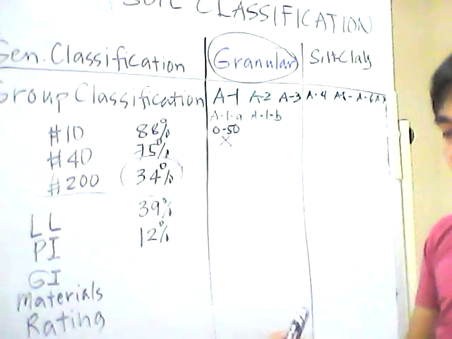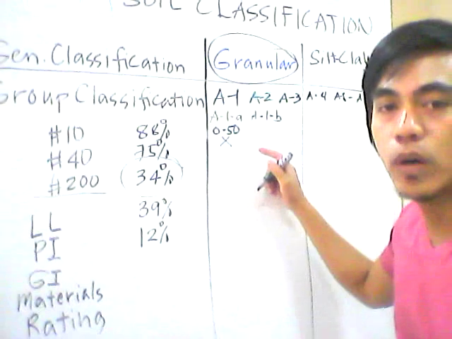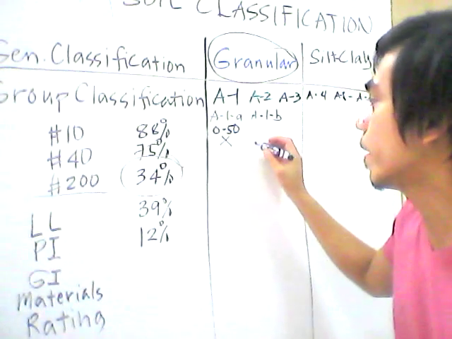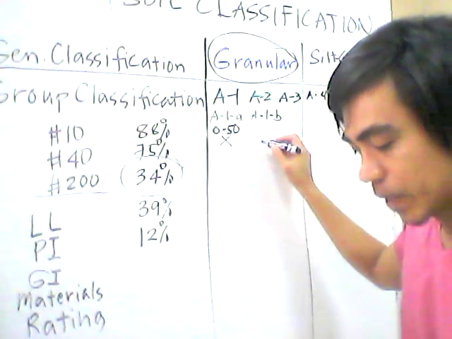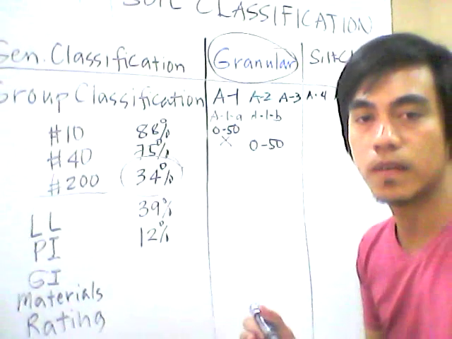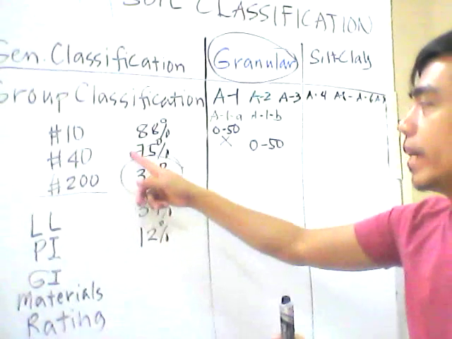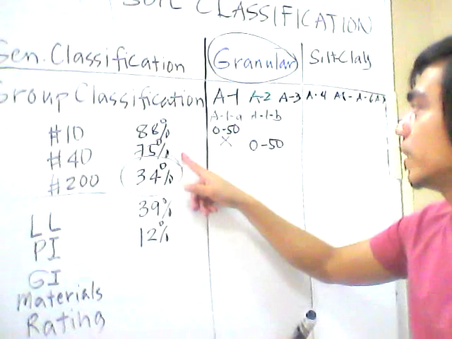Let's proceed to A-1-B. From the table, we have a requirement for number 40 of 0 to 50. From our data, percent passing is 75%.